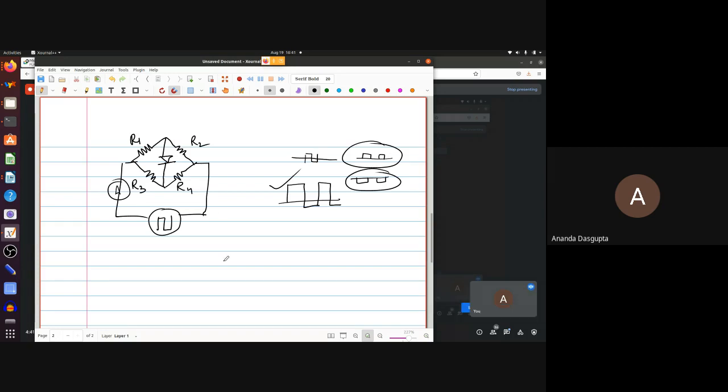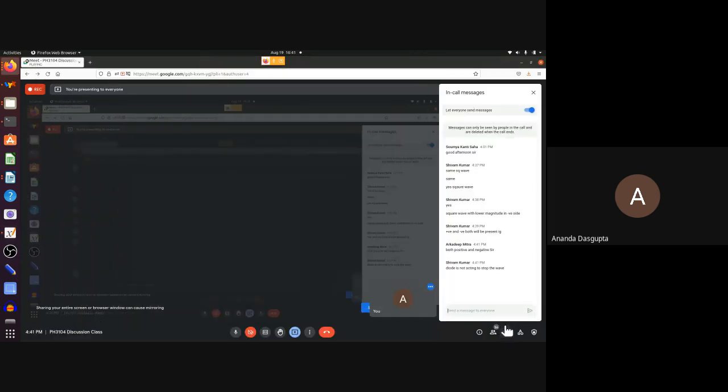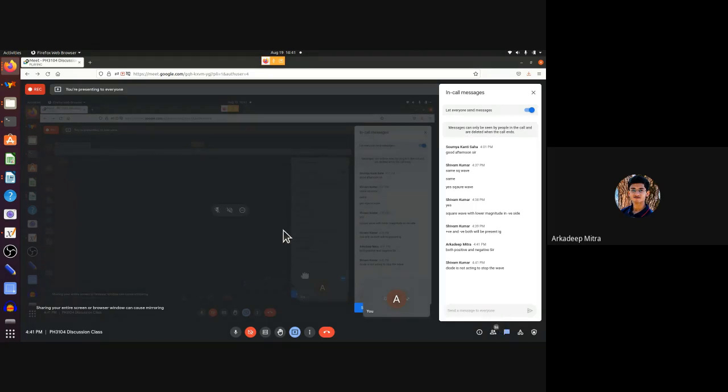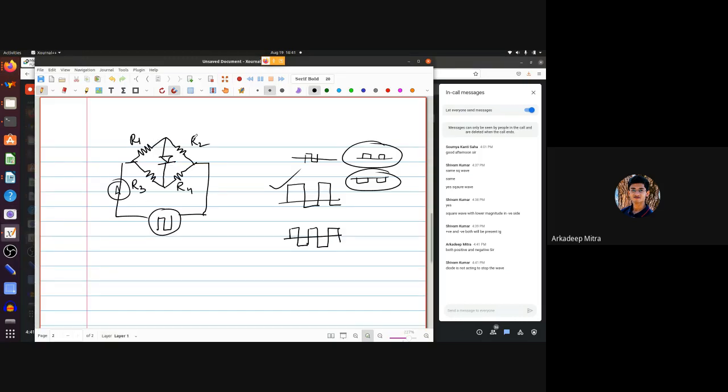So both positive and negative, Arkadeep, could also mean this. That is a square wave. No, sir, both positive and negative with different magnitudes. But again, if the Wheatstone bridge is in a balanced condition, then it will be a square wave.